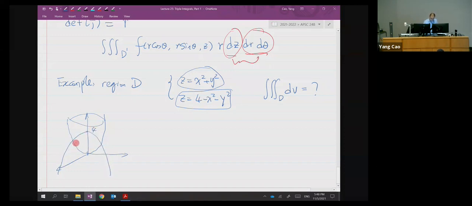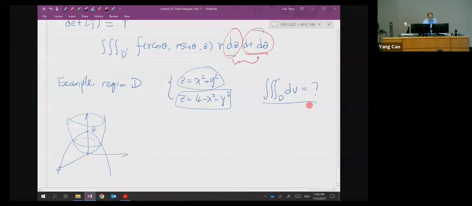So then you can see the two surfaces, right? It's like two bowls on top of each other. And the region D is the region between the two surfaces. Okay, that's the region D, and that's the volume we're trying to find.